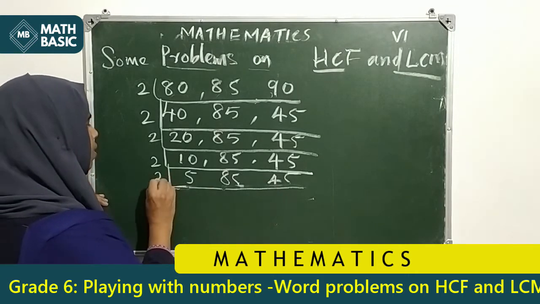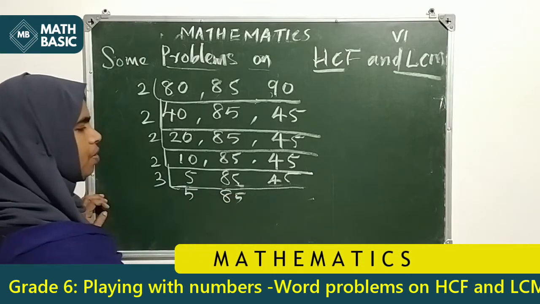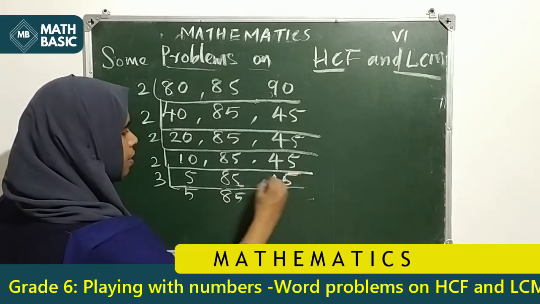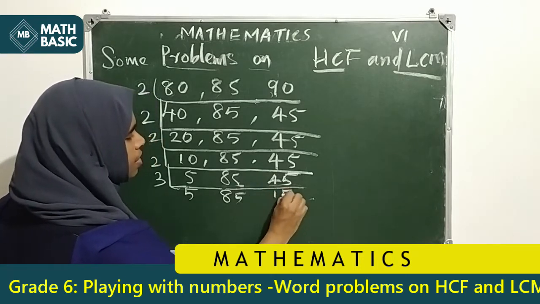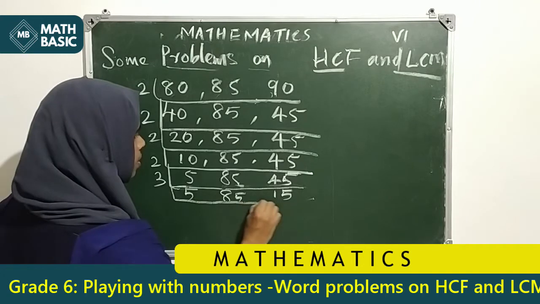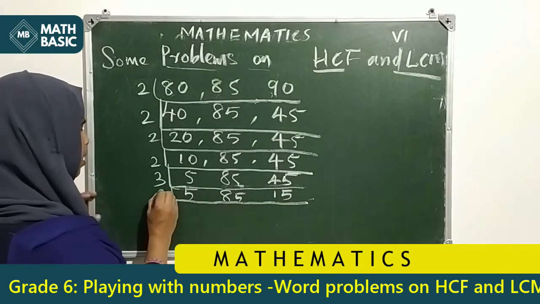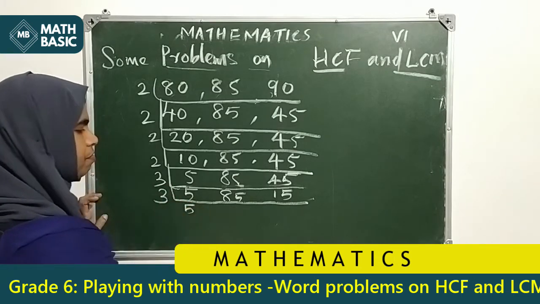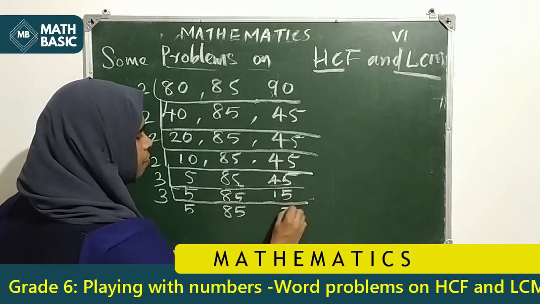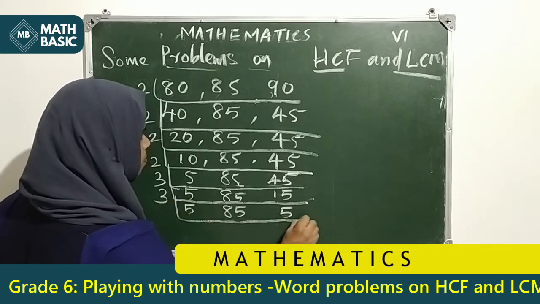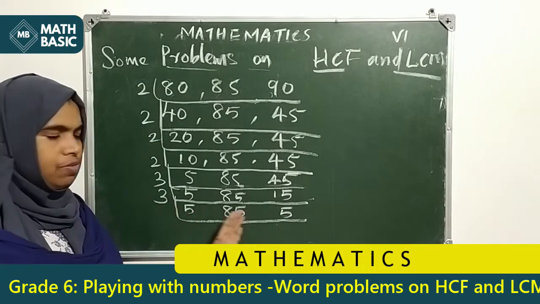So take 3. Here 5, 85 as they are, and 45 becomes 15. Then also 5, 85, 15. We can divide by 3 again: 5, 85, 5. Then we can't divide by 3.